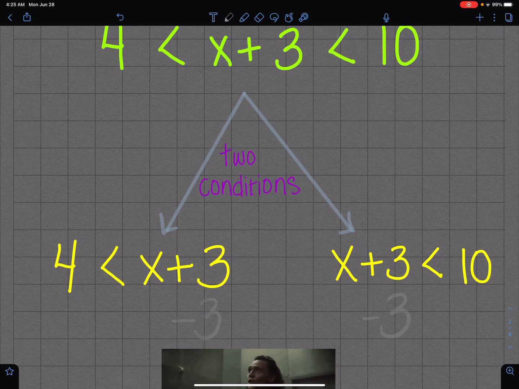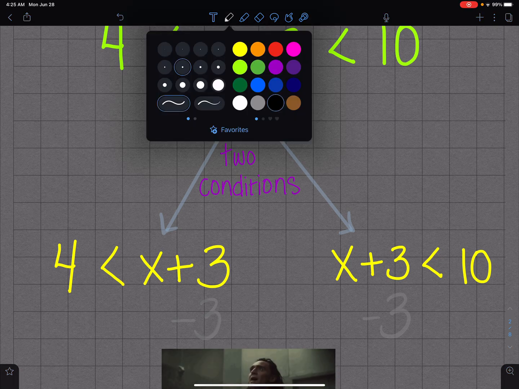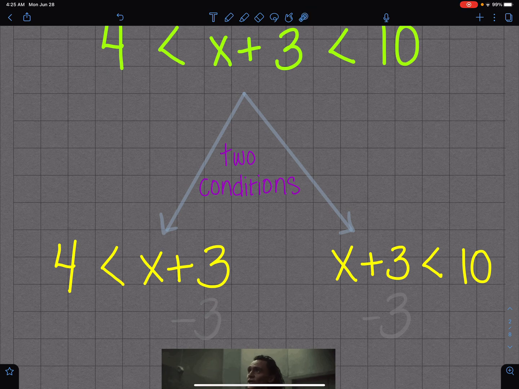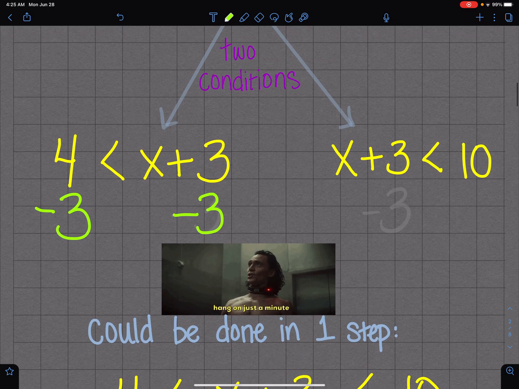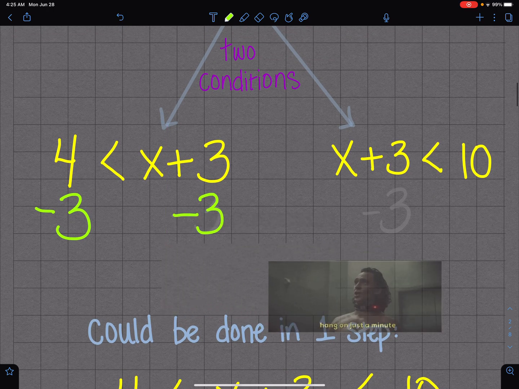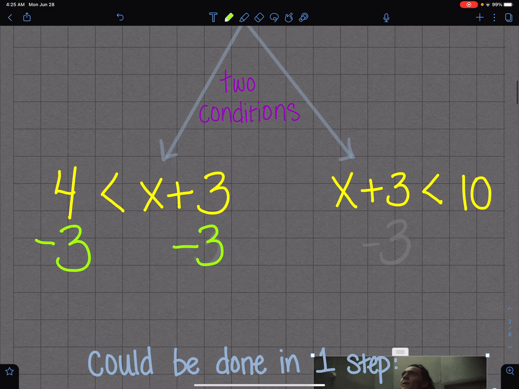All right, so I'm going to go ahead and do that. So the one on the left says 4 is less than x plus 3. How would we solve that? We would subtract 3 from both sides, and then you would be left with, let me move this guy out of the way. I'm moving Loki out of the way.